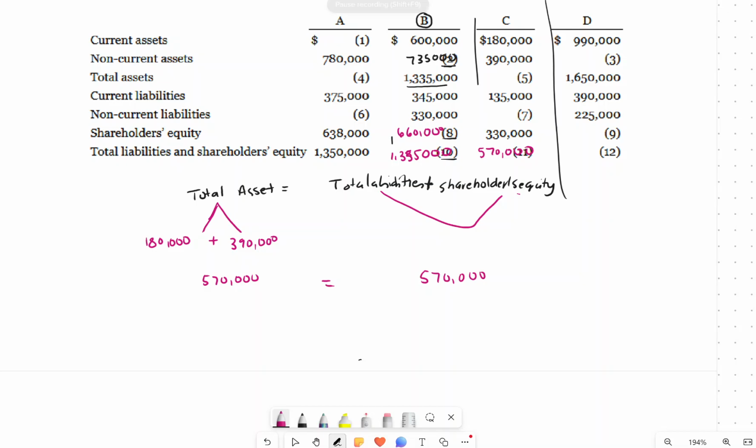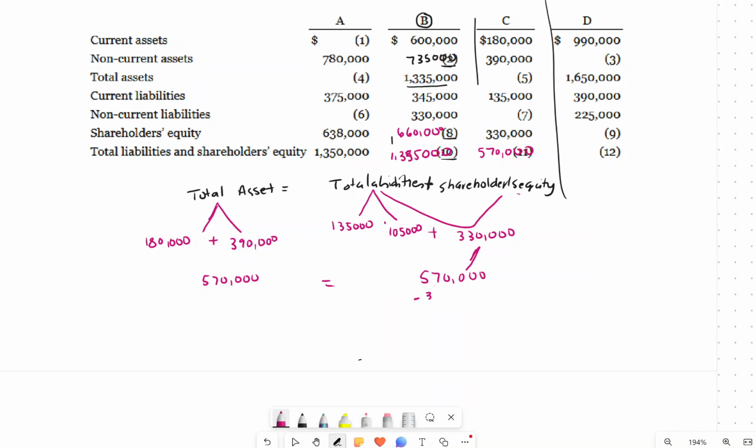They told us your equity is 330,000, and my liability has both my current, which is 135,000, and my non-current, which isn't given to us. But I know that if the total number is 570 and I take away the 330 from it, what I would get for my non-current liability will be 105.